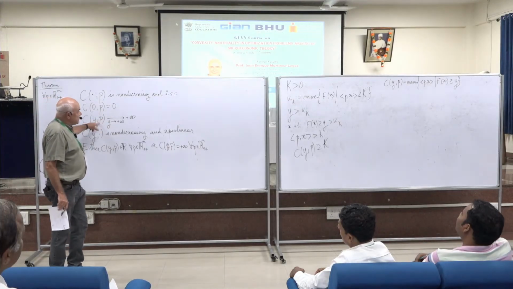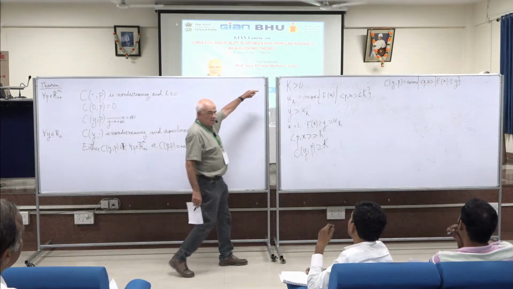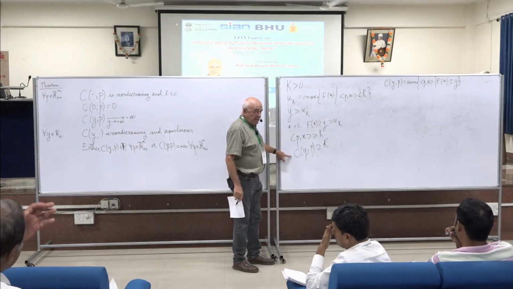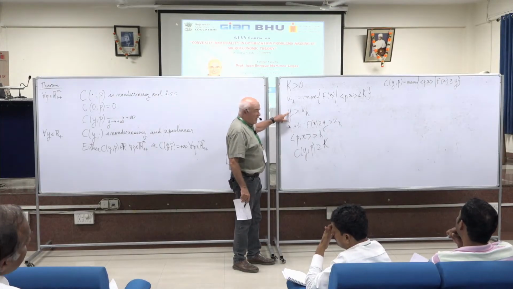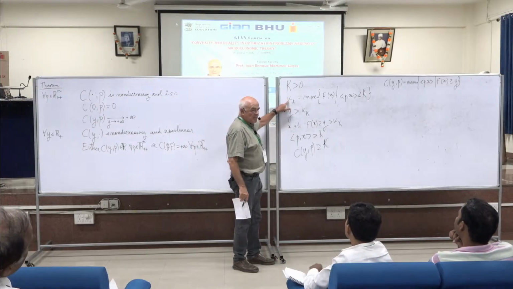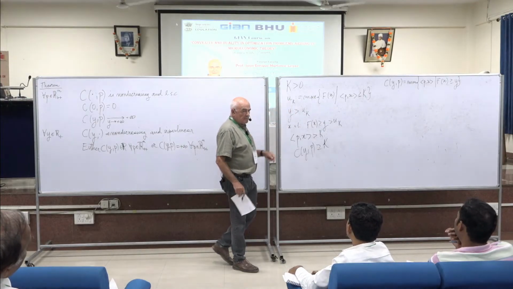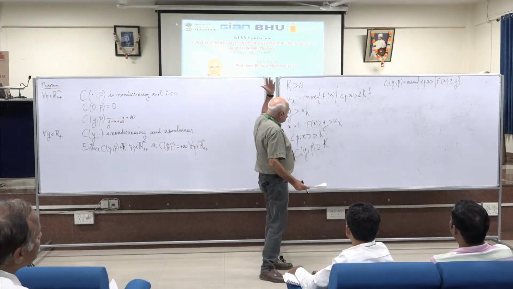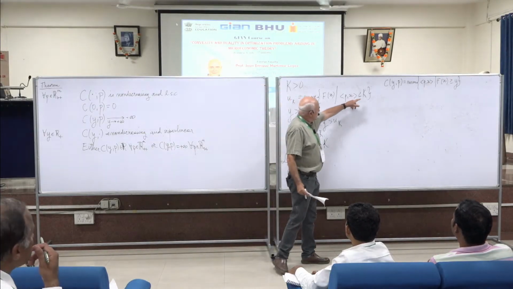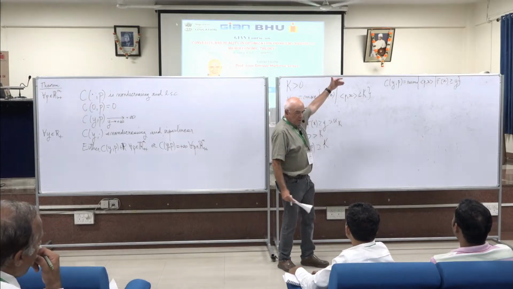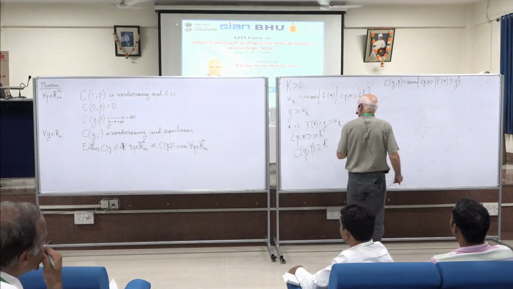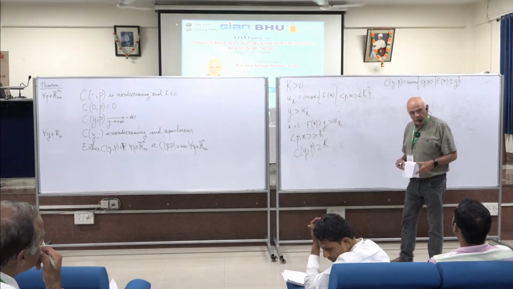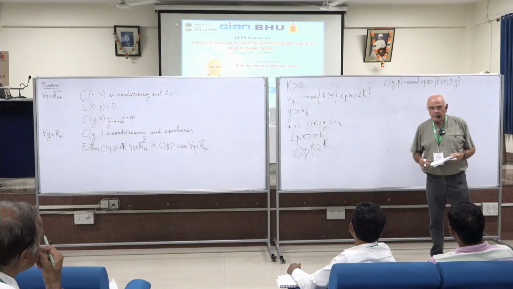So I want this to be greater than K, and I can achieve this by setting y larger than this number that depends on K. No, the dependence on K is clear. If K increases, this becomes larger, the maximum increases. So UK depends increasingly on K, but this is not needed here.